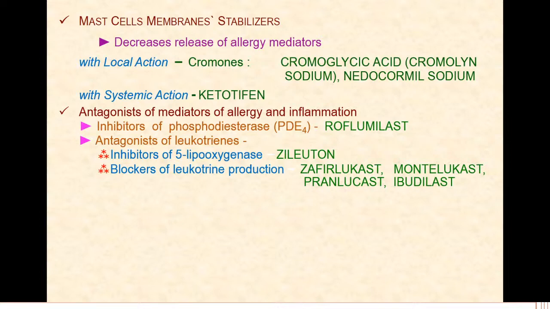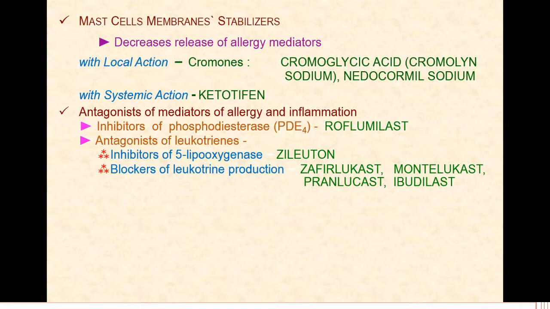Arachidonic acid is a metabolite produced from membrane phospholipids. So in metabolism of phospholipids, all the time membrane phospholipids are changed. Old phospholipids are destroyed because of the influence of the enzyme phospholipase A2 with formation of arachidonic acid and lyso-PAF, platelet activating factor.